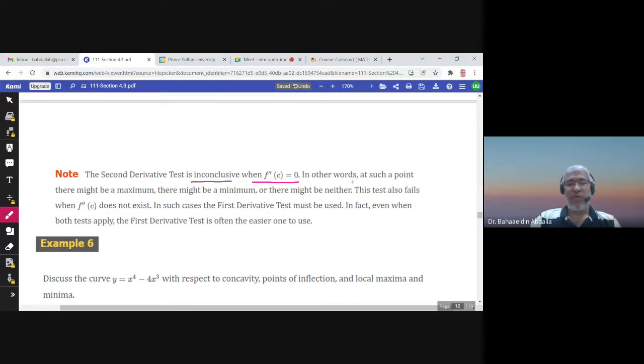At such a point, there might be a maximum, a minimum, or neither. The test also fails if the second derivative does not exist. In such cases, you have to use the first derivative test.